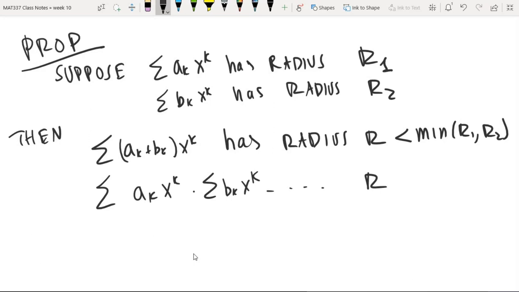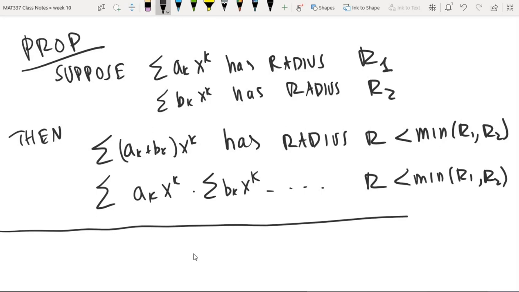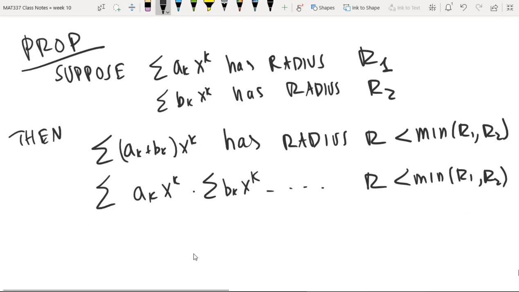It has radius R less than, again, the min. Okay. Any questions, comments? If you want me to go back, just let me know.